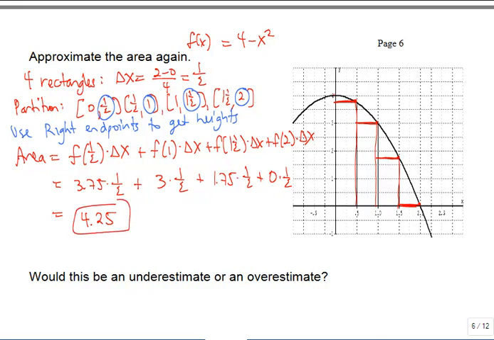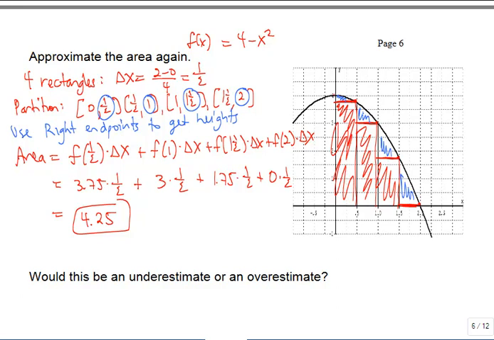Now it's 4.25. Now, based on the picture that we see here, would this be an underestimate or an overestimate of the actual area under the curve? Well, this time, each of our rectangles is leaving a significant gap right here, here, here, and then all of this.